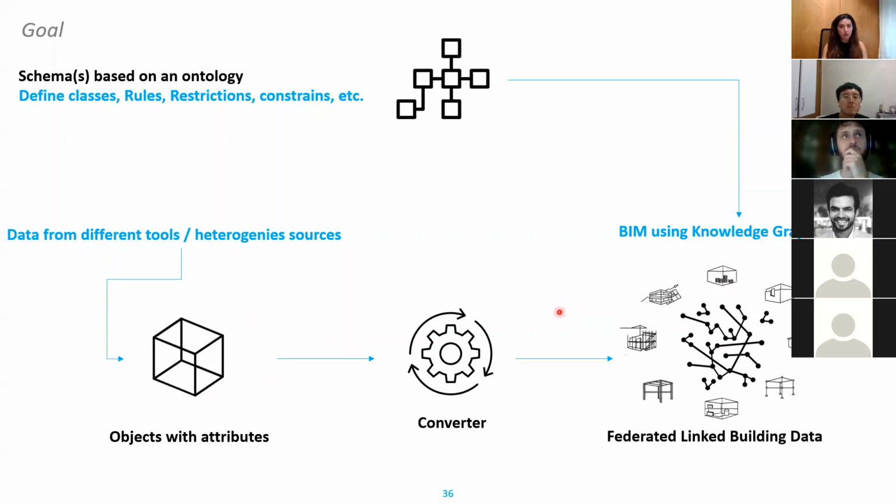And then we can query data across different disciplines. So we can even see, for example, if I have some constraints in one discipline, I can reach them from another discipline. So this is a workflow of how one could reach a whole knowledge graph using some objects, which is building some information models using knowledge graphs.